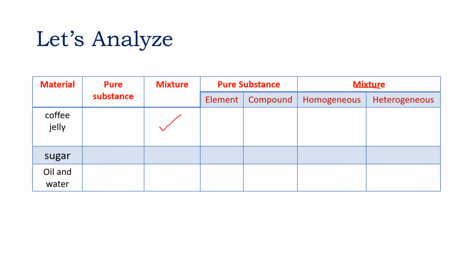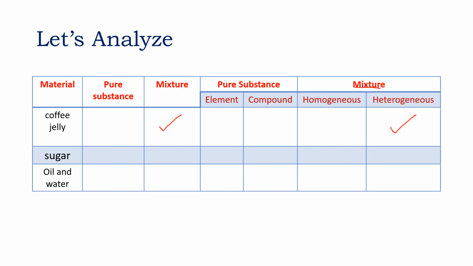Okay, at dahil mixture siya, anong klaseng mixture po kaya siya? Makikita pa ba natin yung mga ingredients? Uniform po ba yung itsura niya or hindi uniform? So, hindi po siya uniform kasi makikita natin yung iba't ibang ingredients niya. At pwede natin siyang paghiwa-hiwalayin din. So, siya po ay heterogeneous mixture.